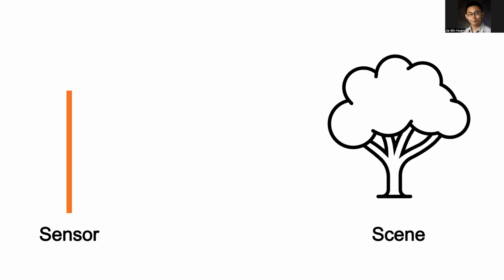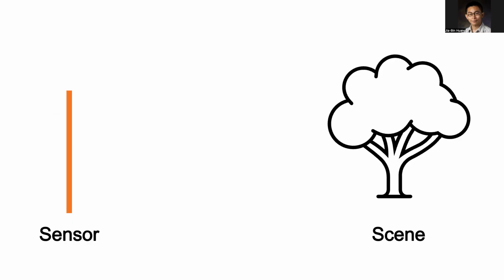I've got a real tree and a real sensor. Yeah, and of course this looks like a cartoon, but let's imagine this is a 3D tree. I have a sensor, and you can imagine that we are looking at it from this angle. It's still a 2D sensor. I'm just saying, what would happen if I try to capture this tree?